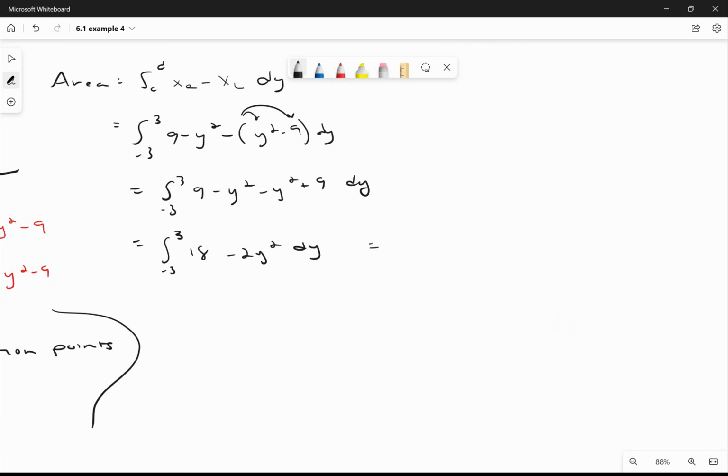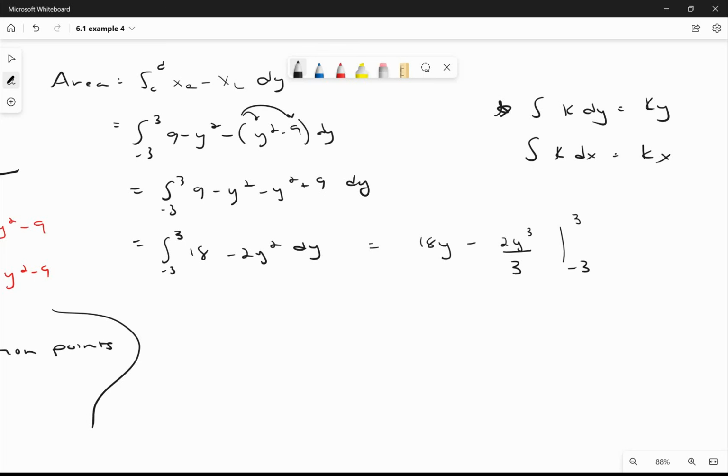So the integral of 18 minus 2y squared is 18y minus 2y cubed over 3, going from negative 3 to 3. In general, if we're integrating some constant k, and in this case we're doing dy, then that's just k times y.